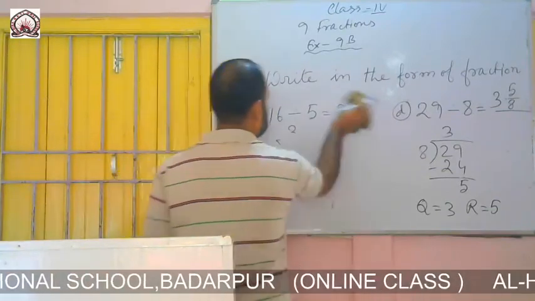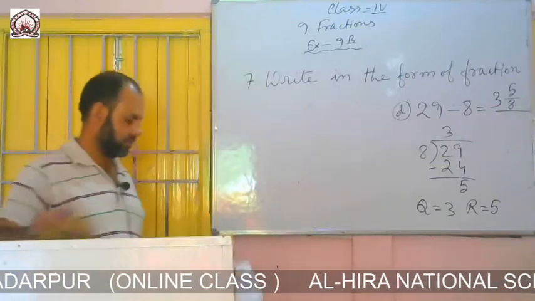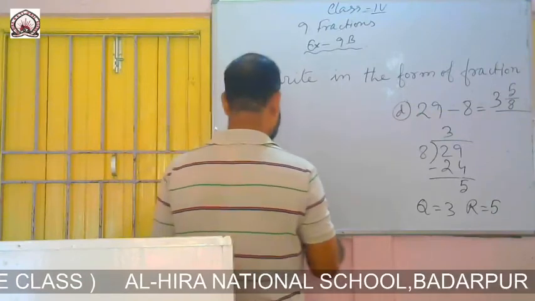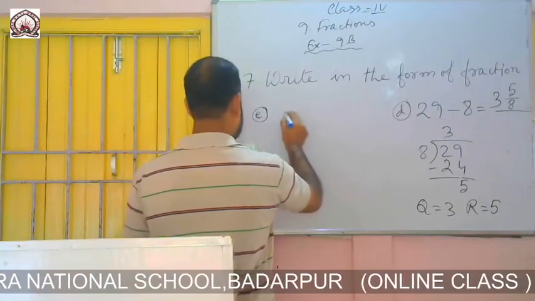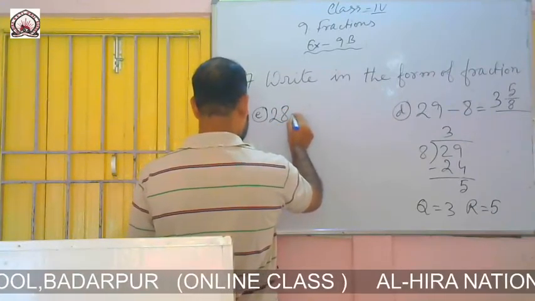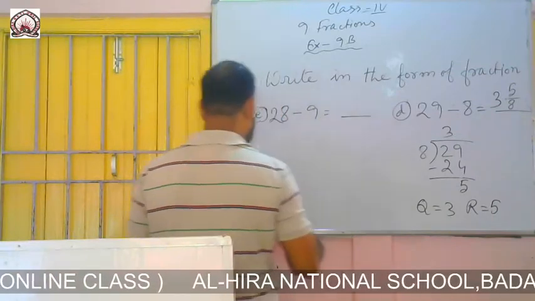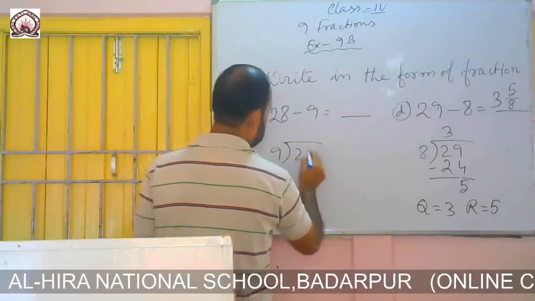Next question number E. Question number E. 28 divide 9 equal to dash. So first we do divide. 9 28.